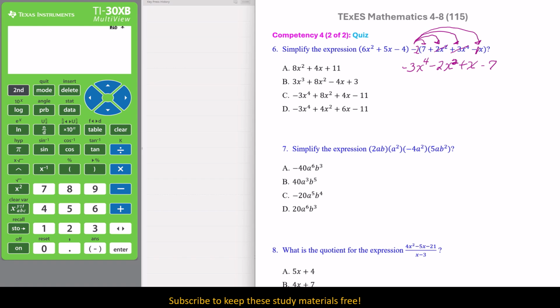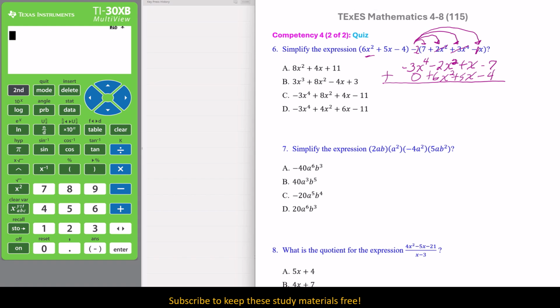Okay. Well, the highest exponent I have is 2. So obviously, let's set this up. I have a 0 here, and then I have a plus 6x squared, and then a plus 5x minus 4.